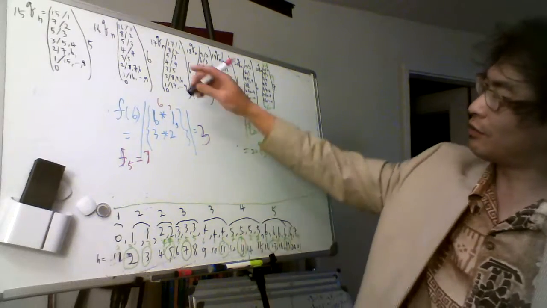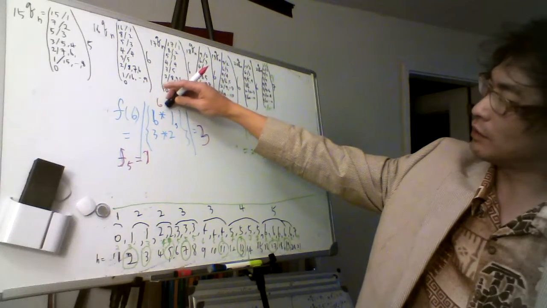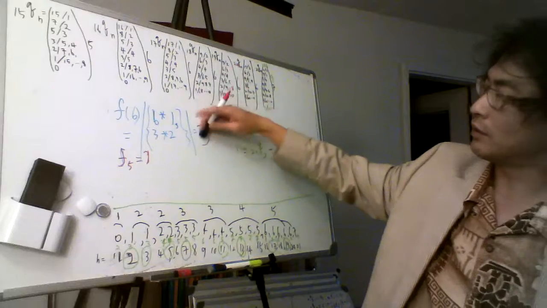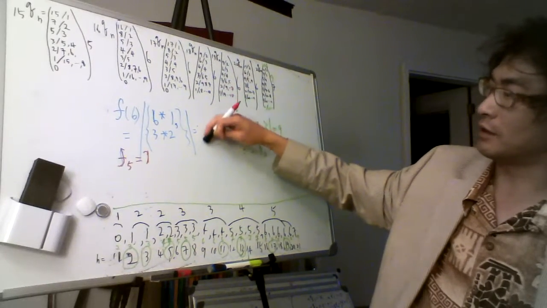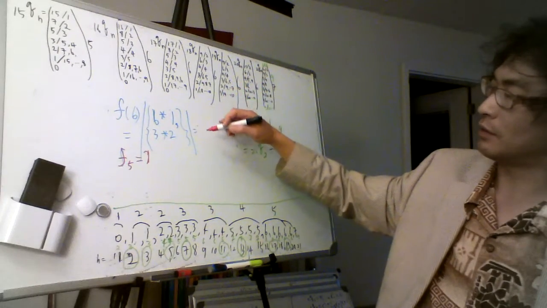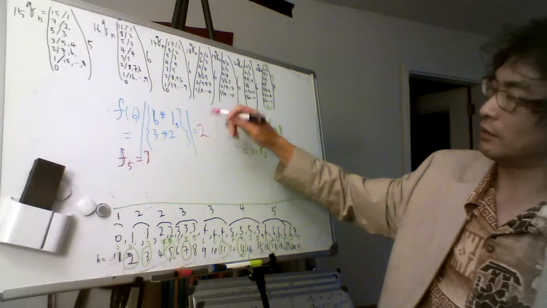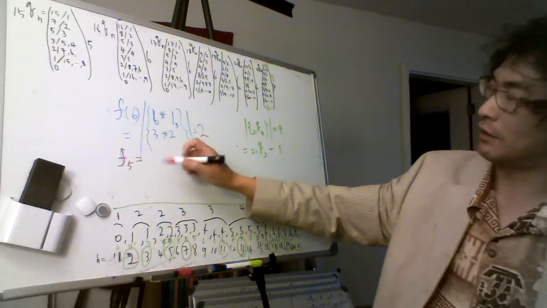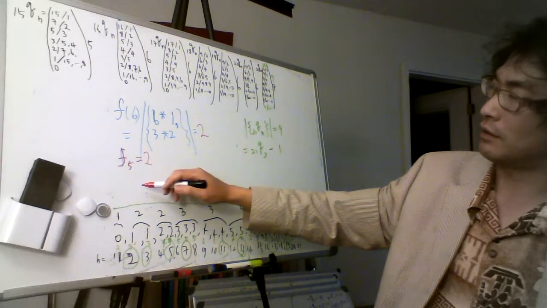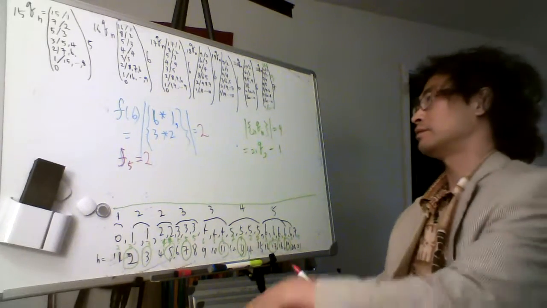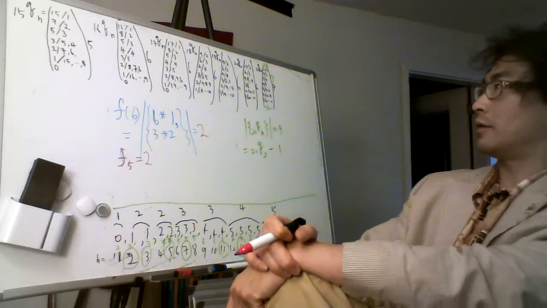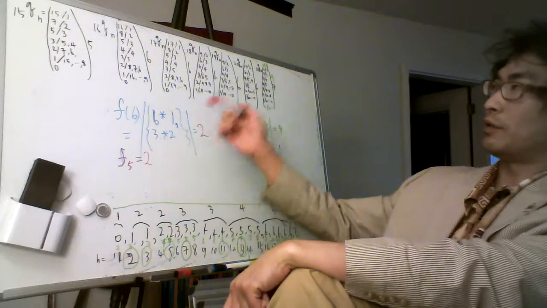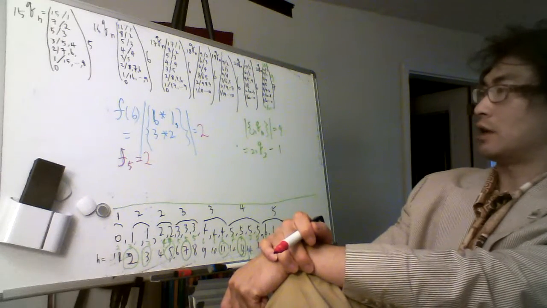No, no, we don't want to count that, because 6 times 1 is 6. Yeah, I think we should do this first before we try to solve this guy.